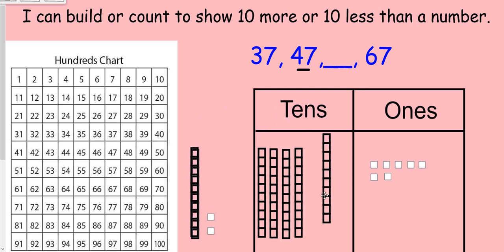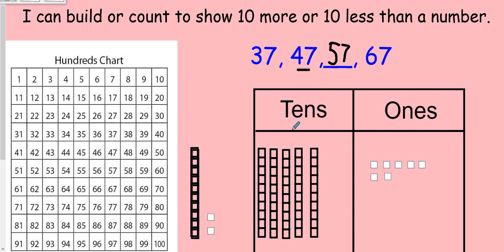So I'm going to put one more 10 on my chart. 10 more than 47, well, let's use our chart to help us. I now have 5 tens, 7 ones. 5 tens, 7 ones is 57. I think 10 more than 47 is 57.